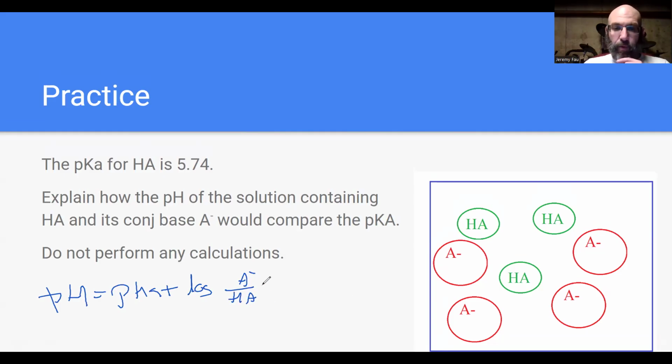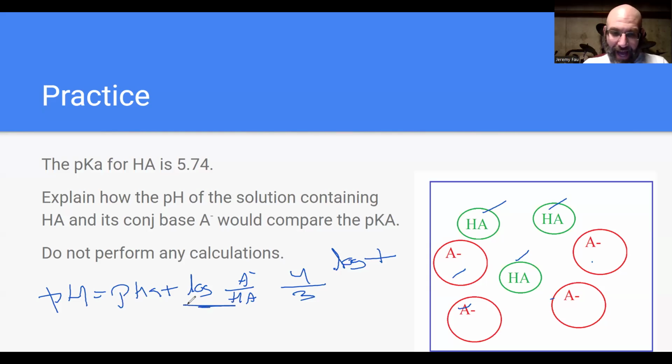All right, well, let's just take a look real quick. We have 1, 2, 3 HAs. We have 1, 2, 3, 4 A minuses. So we have more base than our acid. Our log is going to be positive.